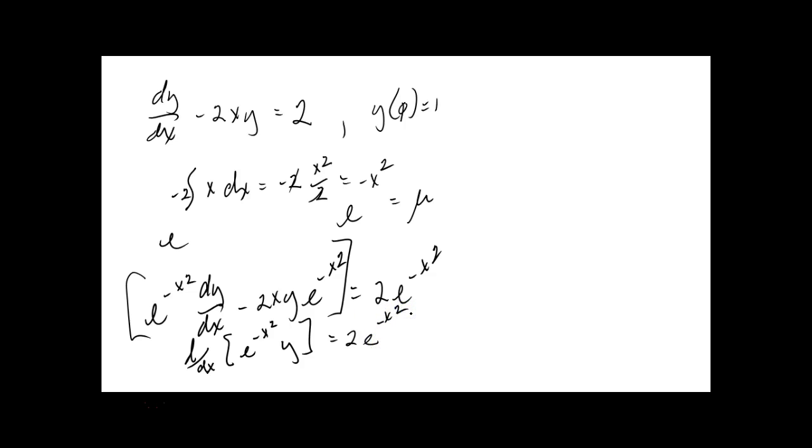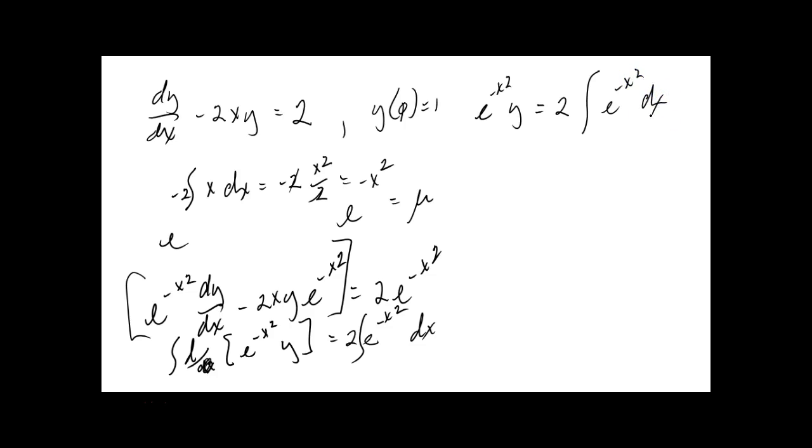All right? So then if we integrate both sides, or write it in differential form and then integrate both sides, what we have is the integral of a derivative is just what you got, e to the minus x squared y is equal to 2, but here we have this integral we can't solve, e to the minus x squared dx.